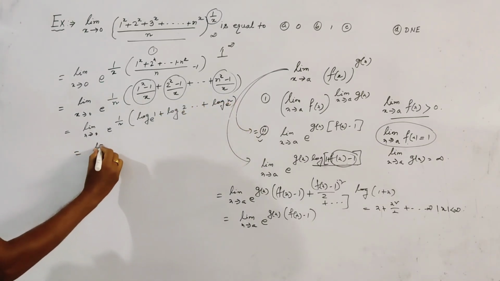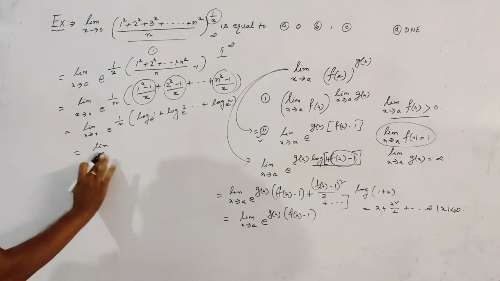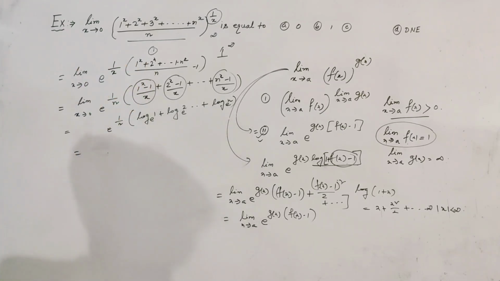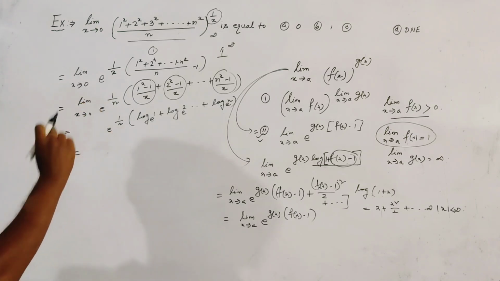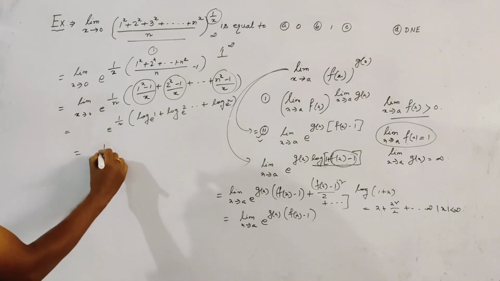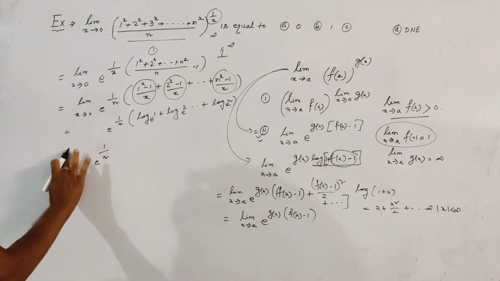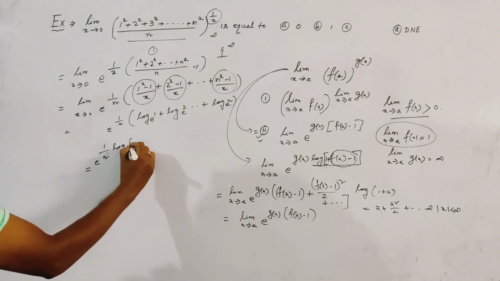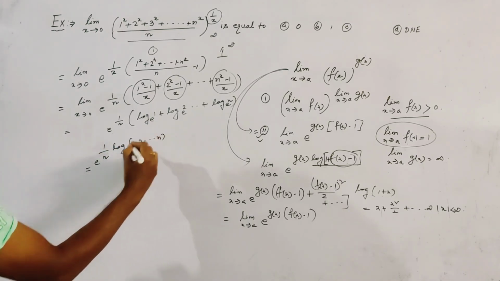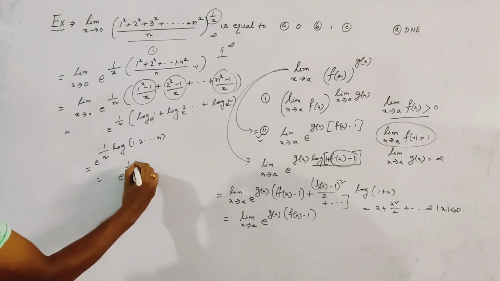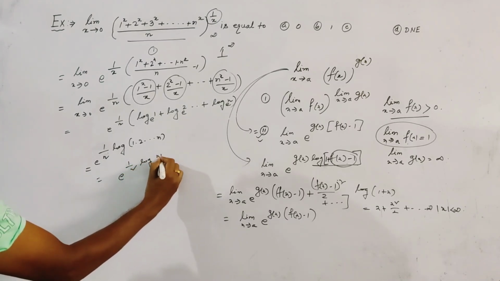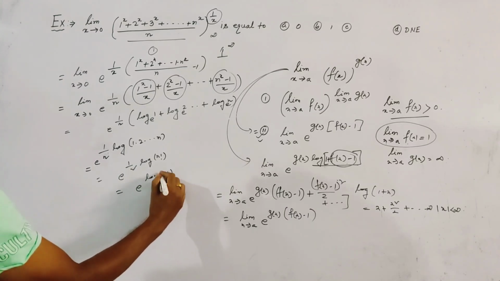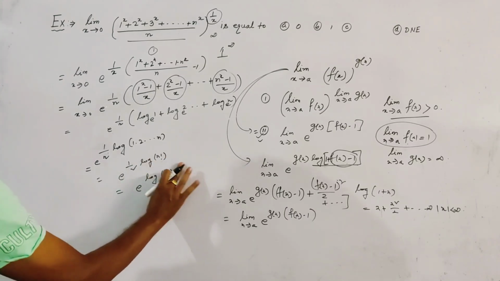Here we cannot write the limit anymore because we already used the formula and took the limit x tends to 0. So this is e to the power (1 by n) times log of (1 into 2 into and so on into n), so e to the power (1 by n) times log of n factorial, that is e to the power log of (n factorial) to the power 1 by n.